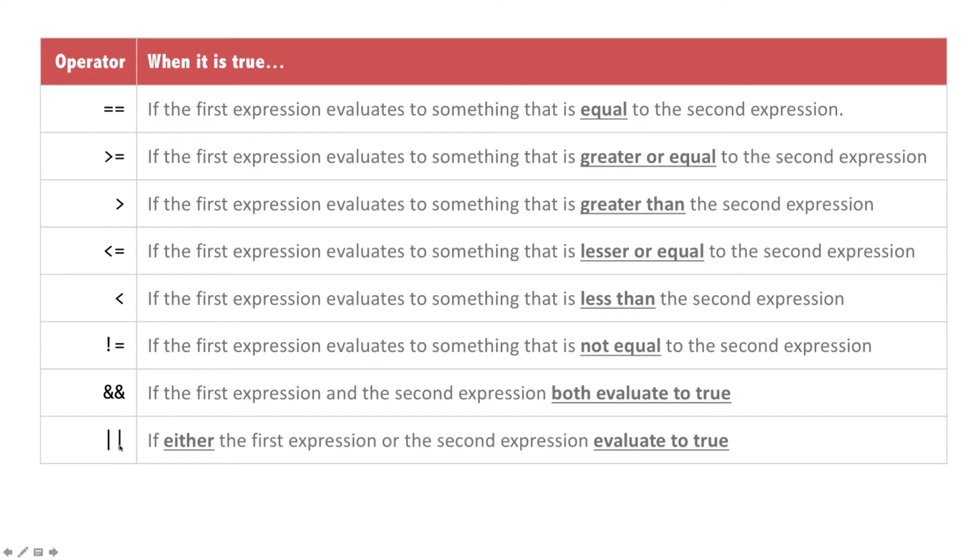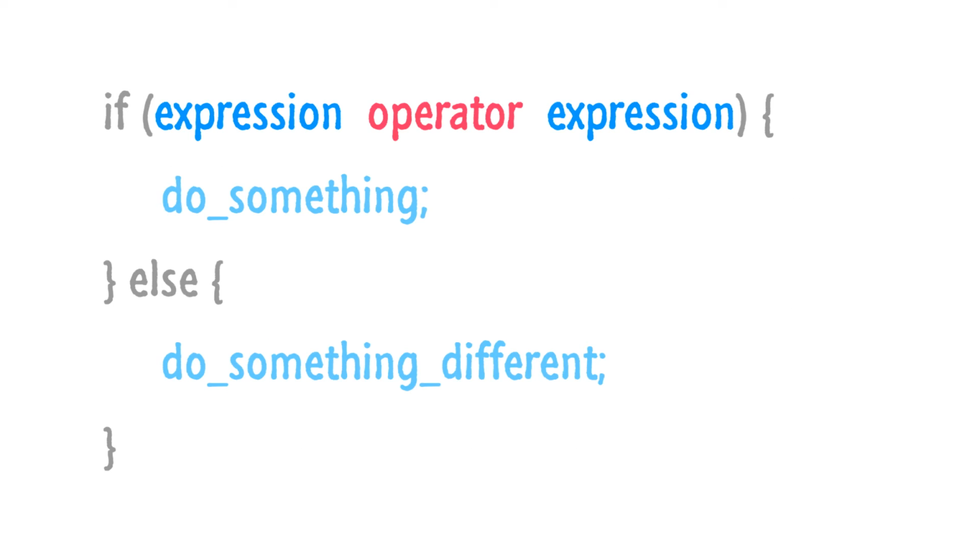And the exact opposite of that is these two pipe symbols. And these are pretty interesting in that if either the first expression or the second expression evaluates to true, the entire condition evaluates to true as well. So imagine this being expression one, one of these weird characters that you see here, and another expression, and then the overall result of that calculation is what determines whether do something or do something different ends up getting executed.